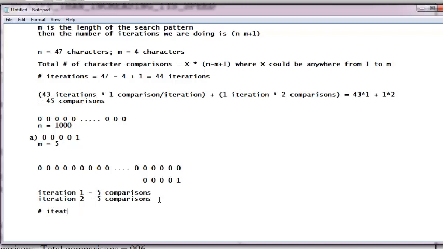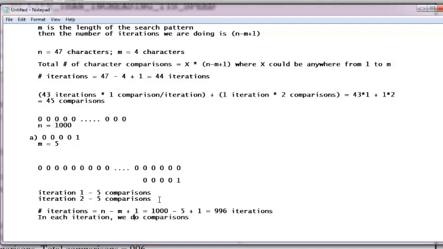So as I said, the number of iterations we do is going to be n minus m plus 1, where n is the length of the search string, and the search pattern is 5 characters long, so it's going to be 996 iterations. In each iteration we do, in this case, how many comparisons?